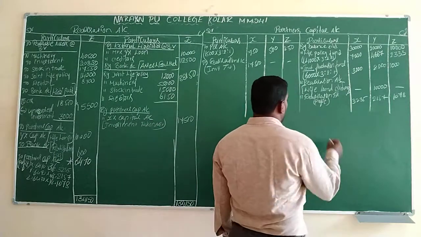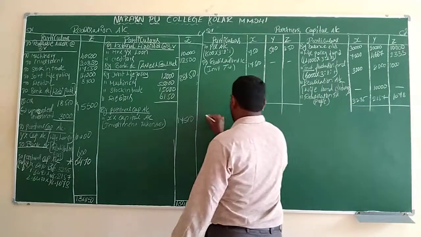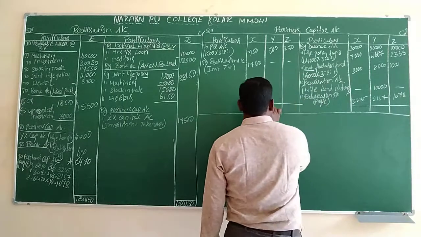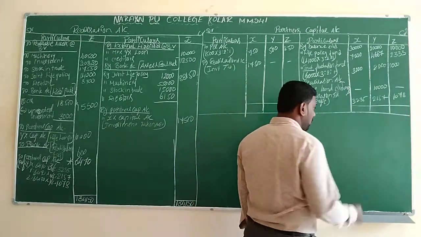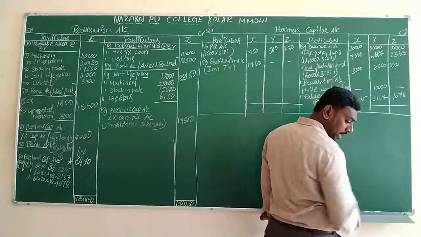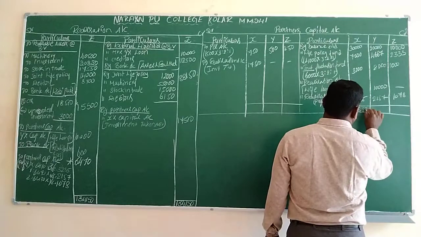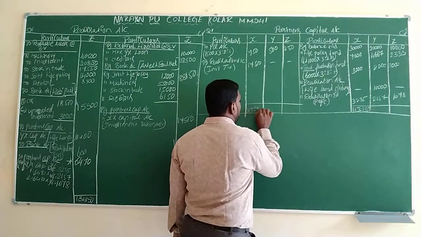Now it's time to close the realization account and we have to make the total. So in this question we have to get the total. Credit side only we will get the highest value. First partner's total is 43,235. Same value should be written on the debit side also, 43,235.